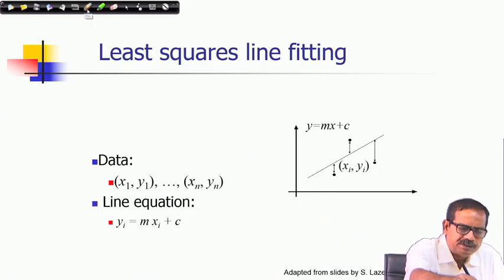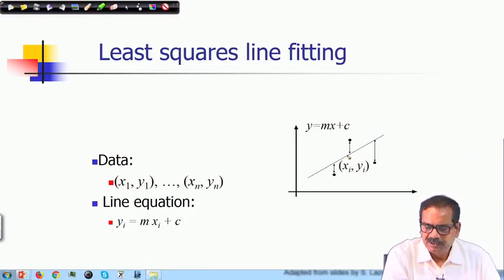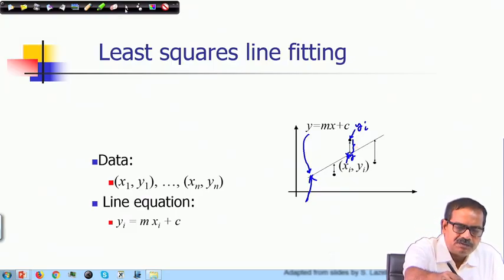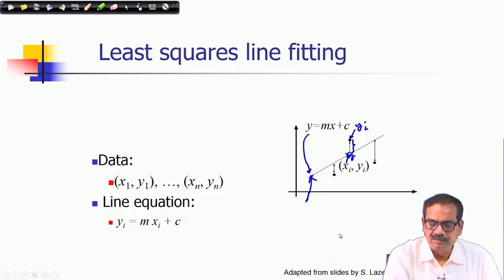So, you can see in this diagram, if this is the straight line given by the equation y equals mx plus c, then given x_i, this is the value of y and this is your observed data y_i. The deviation is given by this vertical difference. So, we call it the vertical error, and the square of these deviations gives you the mean square error. That is how the error term is defined.